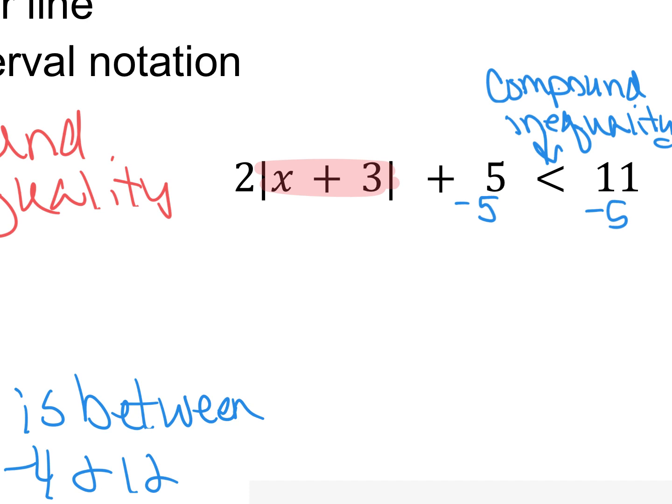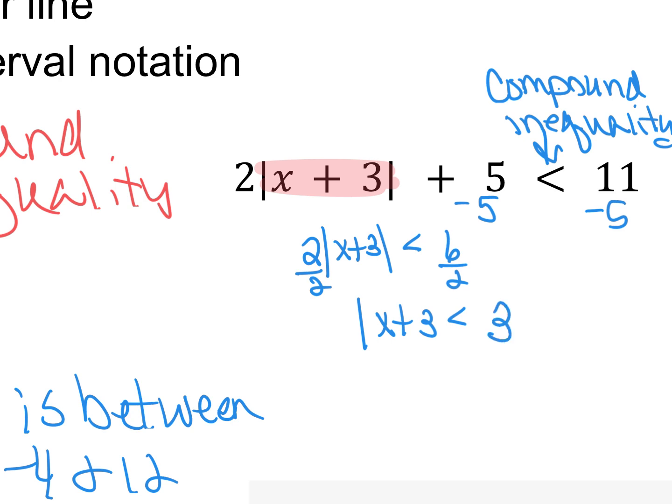So I'm going to subtract 5, and I'm going to have 2 times the absolute value of x plus 3 is less than 6, and then I'm going to divide both sides by 2. So we have the absolute value of x plus 3 is less than 3.